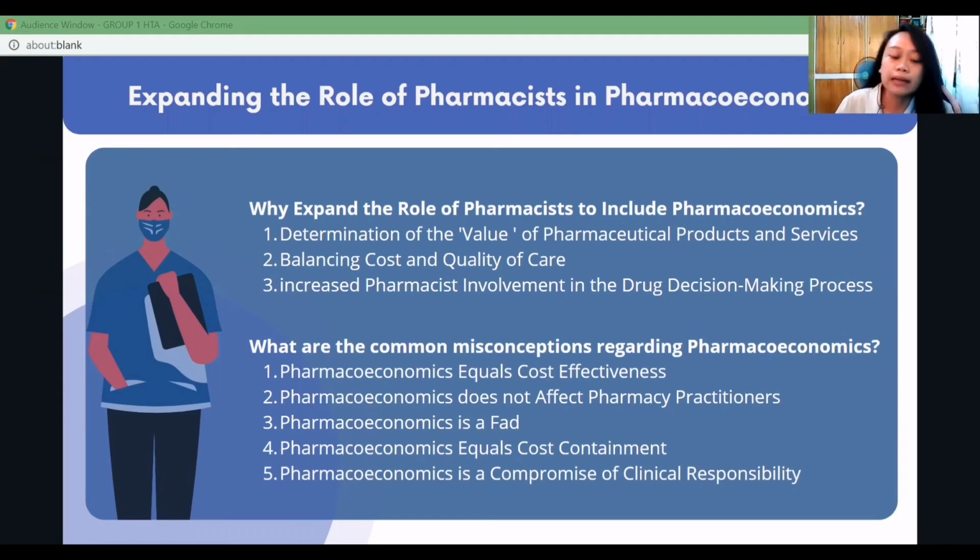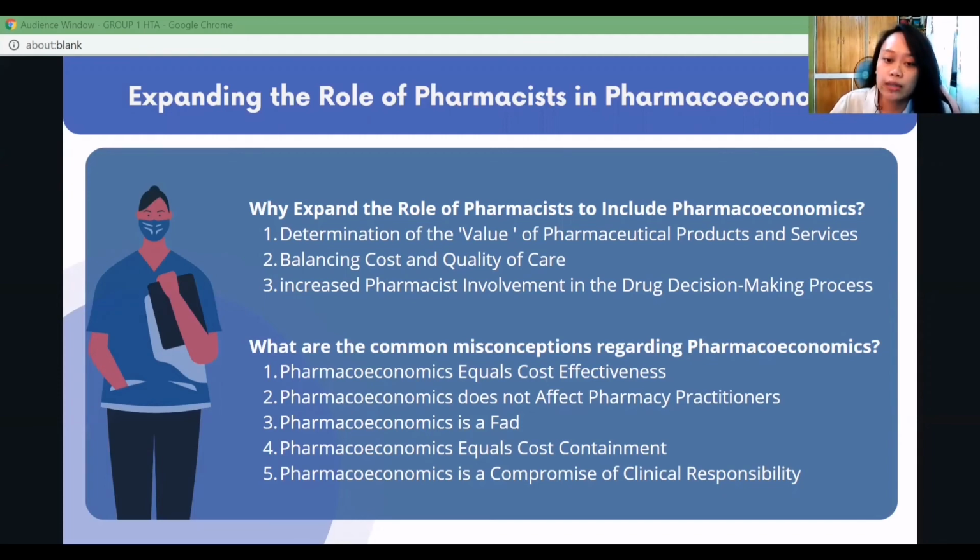So parang ang nagiging katumbas nun is they are already including pharmacoeconomics as their role. And in order for them to do this, they use pharmacoeconomic analysis to support and justify many of their recommendations and decisions.